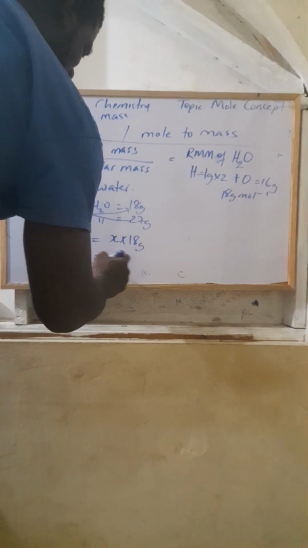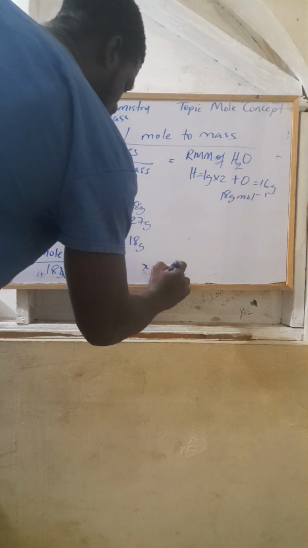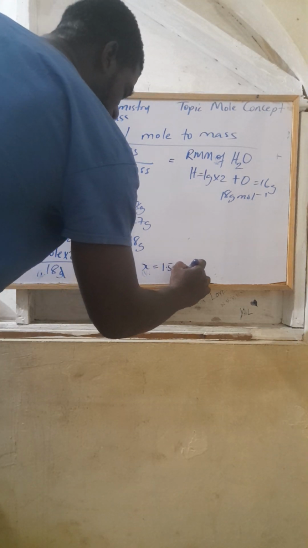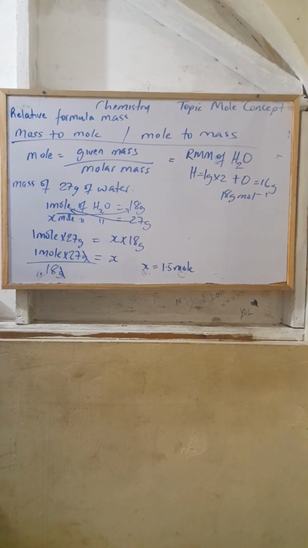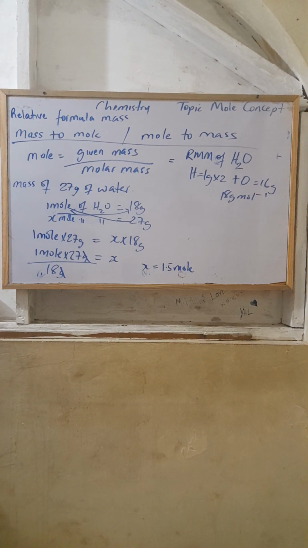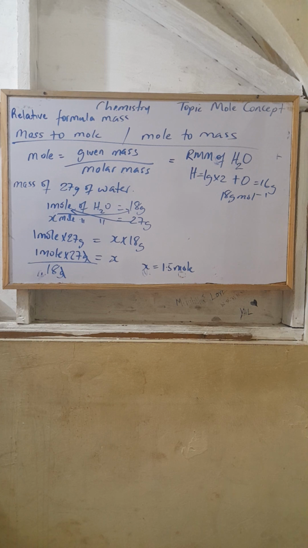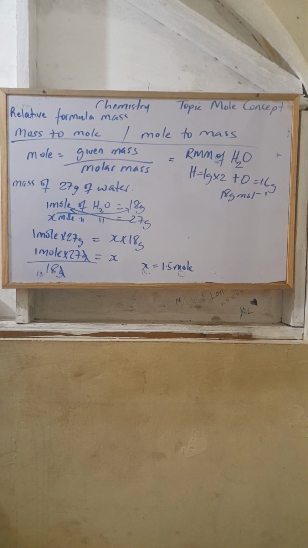And we will see that X is equal to 1.5 mole. So 1.5 mole is present in 27 grams of water.